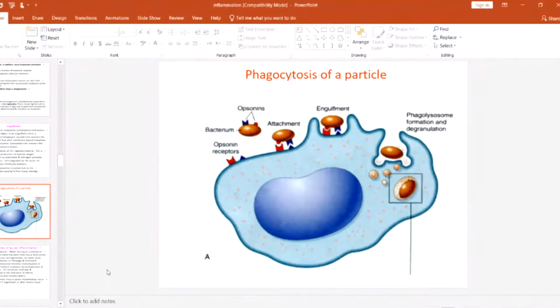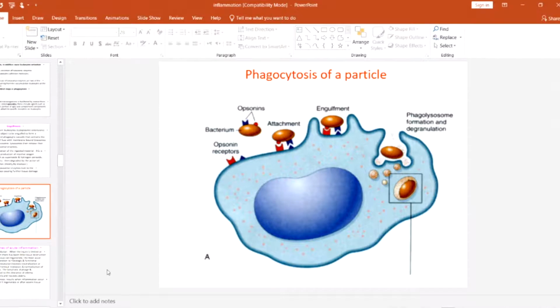Phagocytosis starts by recognition, meaning the white BC will recognize the bacteria. How? By opsonine. Opsonine is a protein. Opsonine has receptors between the bacteria and the white BC, so it helps the attachment.